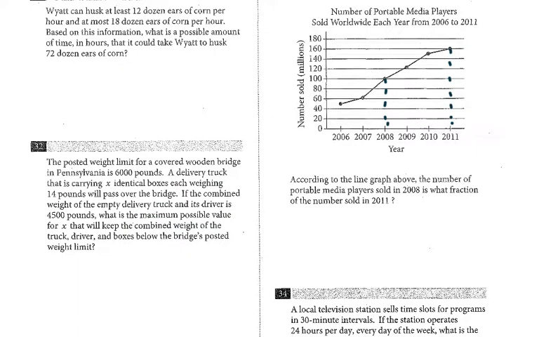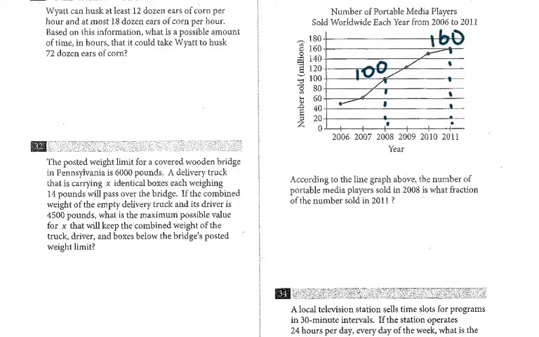According to the line graph above, the number of portable media players sold in 2008 is what fraction of the number sold in 2011? According to this graph, we figure out in 2008, that's 100 sold. And in 2011, that's 160 sold.